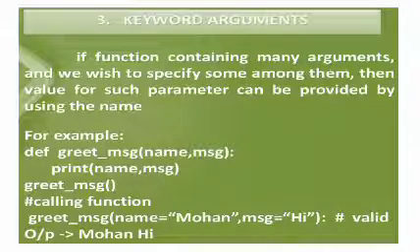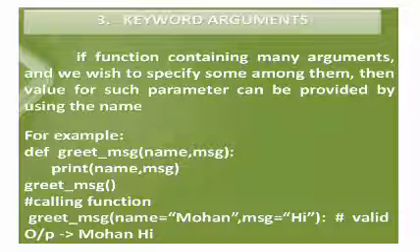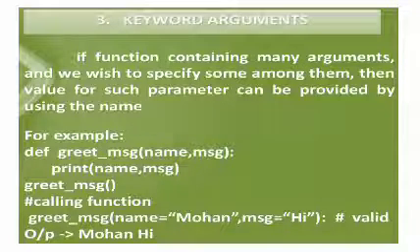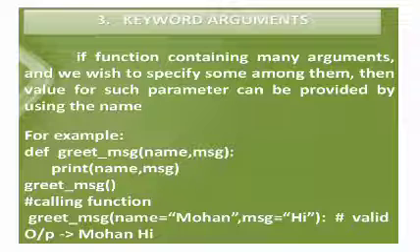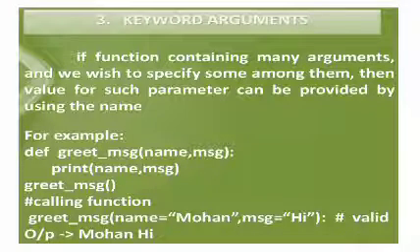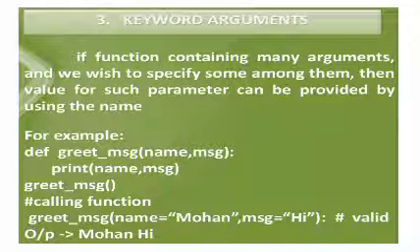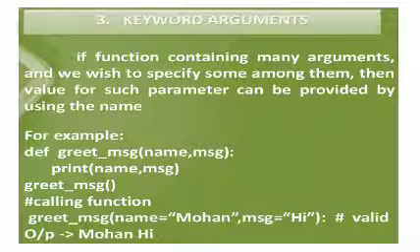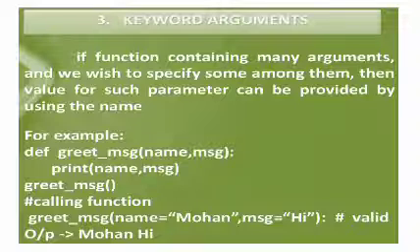Now third point, keyword arguments. When we pass arguments by name, they are called keyword arguments. During the definition of the function, the first variable name is name and the second variable name is msg.